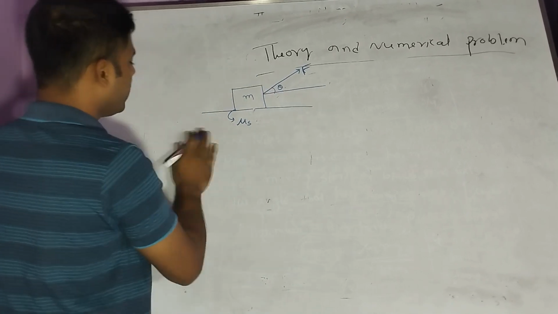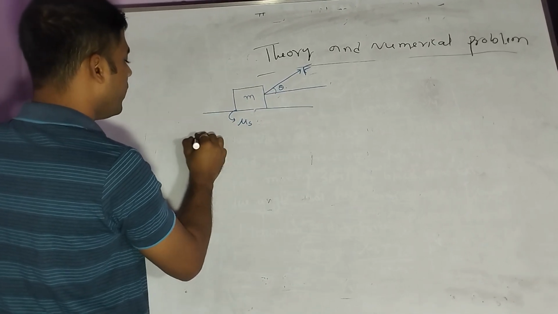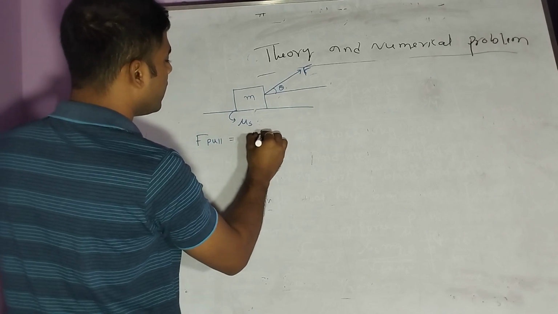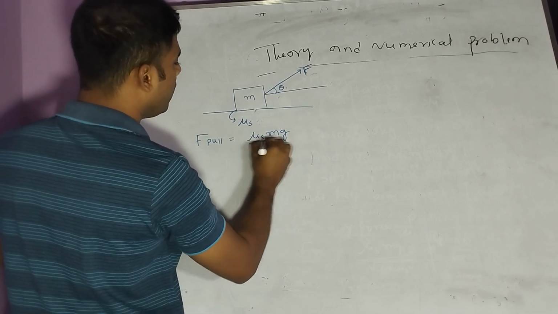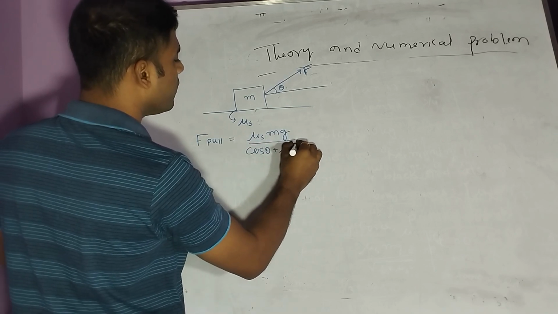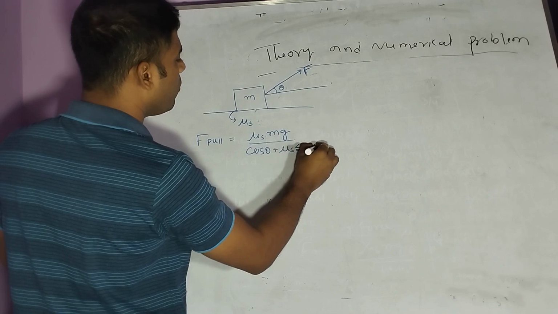Then the pulling force equation is F equals mu s mg divided by cos theta plus mu s sin theta. This is the normal pulling force equation.